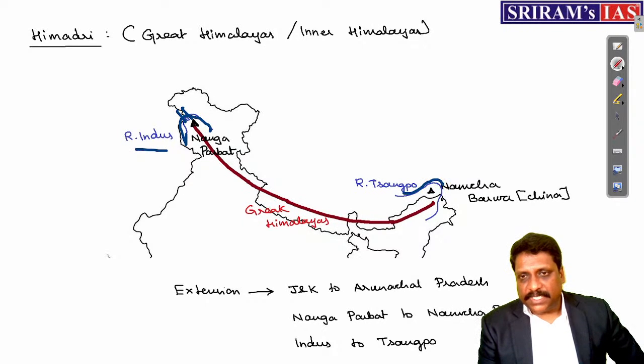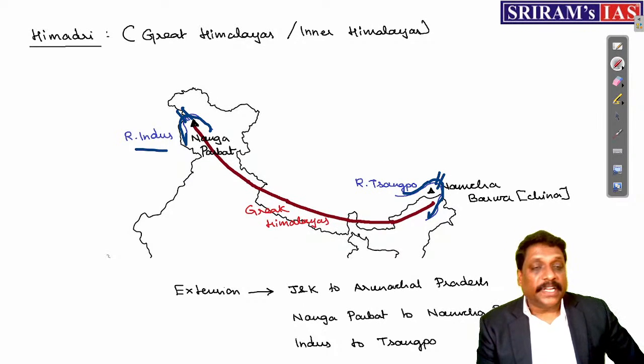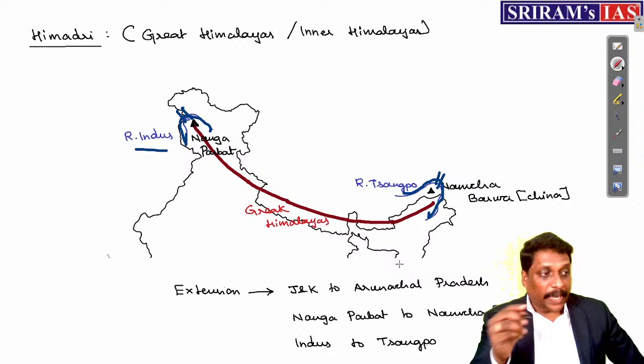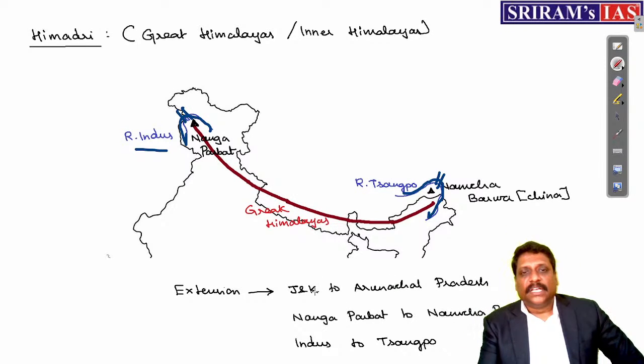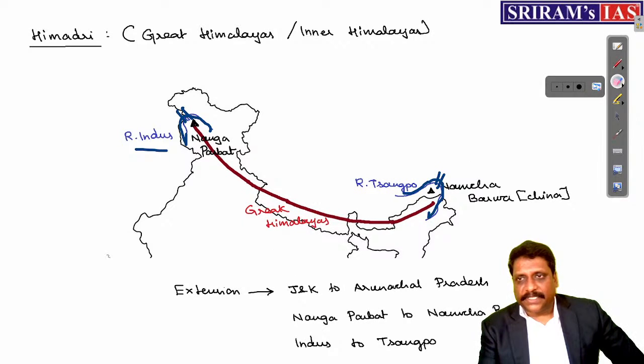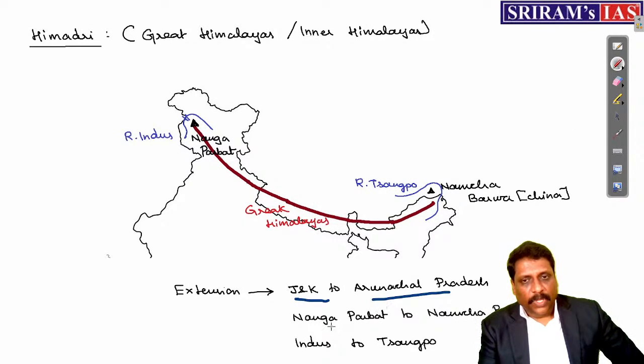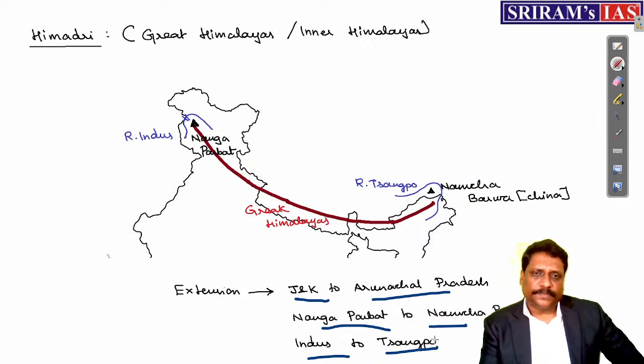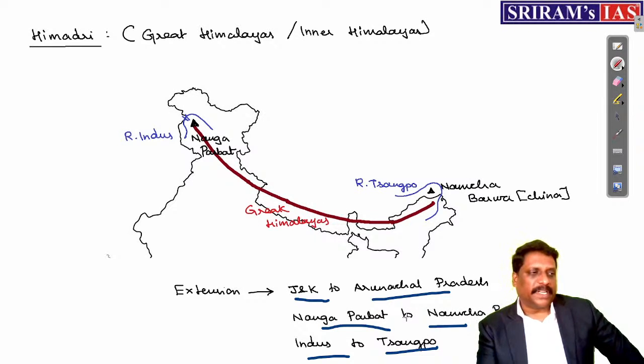Whereas another side, by this river called Sangpo, again at syntaxial bend. Right? So either way I can say. Either I can say that the Great Himalayas extend between Jammu and Kashmir, Ladakh to Arunachal Pradesh, or Nanga Parbat to Namcha Barwa, or Indus to Sangpo. Either way you can call it.